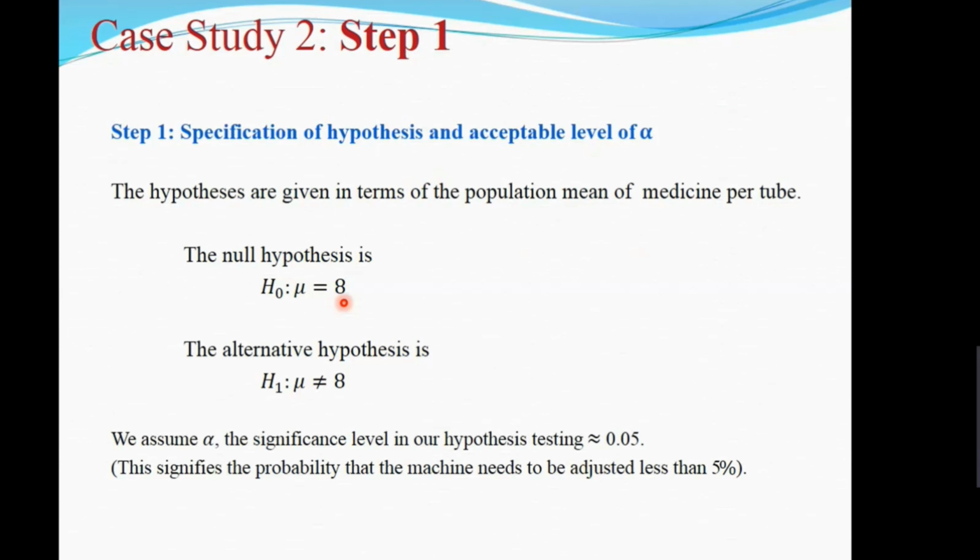If not 8 ml, then that is the alternate hypothesis. If no information is given about the level of significance, you take alpha as 0.05, meaning 5% level of significance.